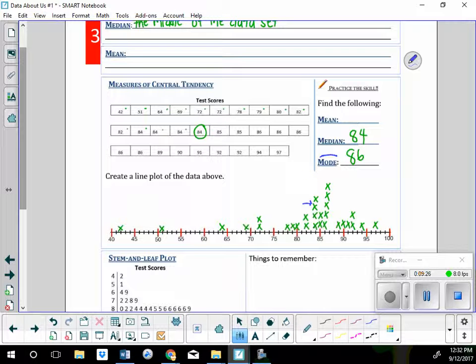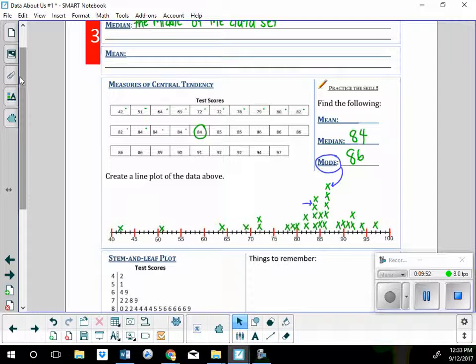All right. What clusters and gaps do you see in this collection of data? Tess, what do you see? Well, I see clusters around the 80s and the 85 and the 90s. Yeah, so kind of from 78 to 86.